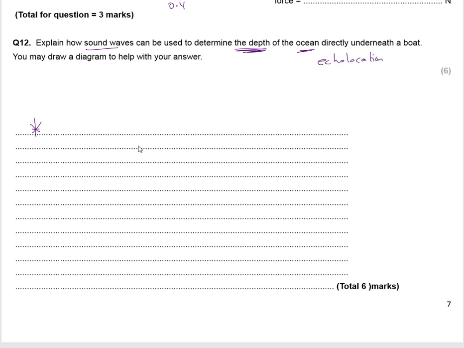Now, the board will be the one that's going to make this sound wave.